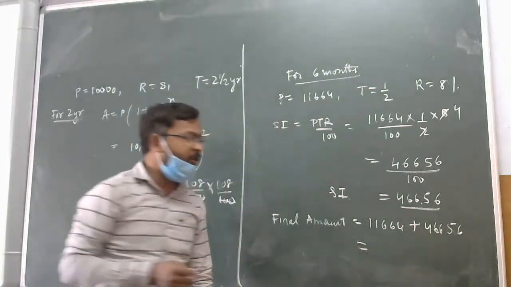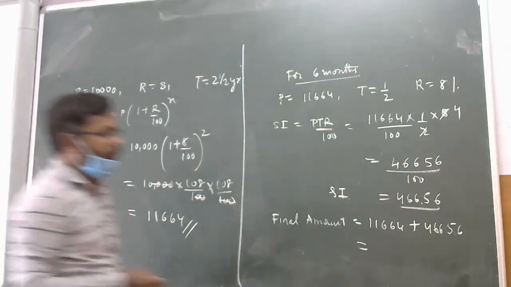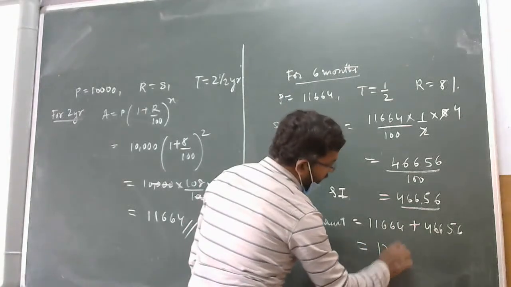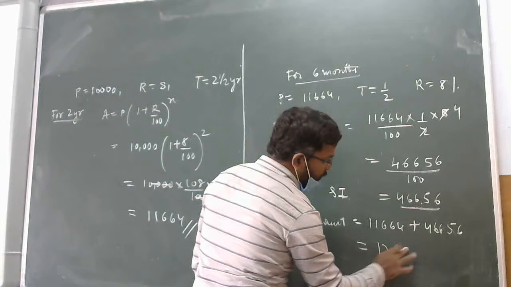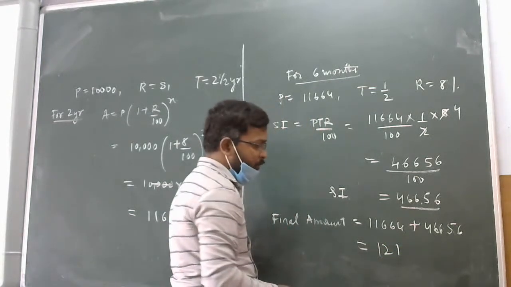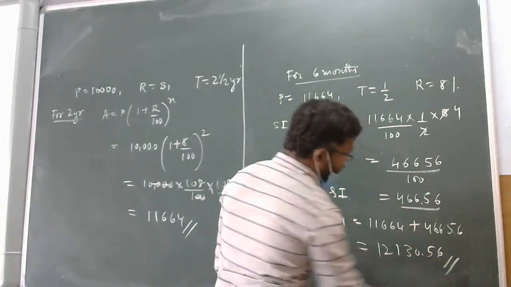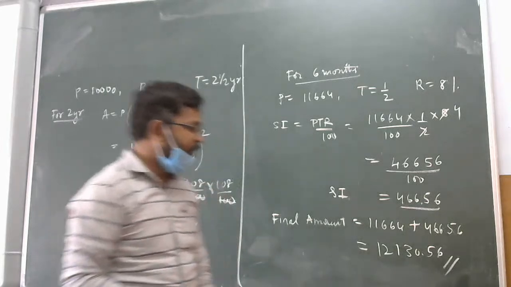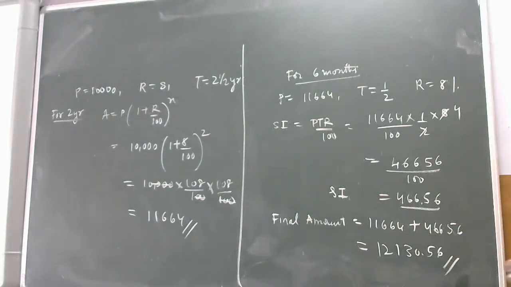So how much will you get? 12,130.56. Okay, so this is your final amount.